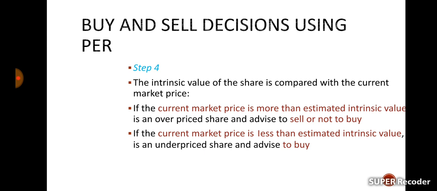So it is advised to sell the share, not to buy it, because buying a security at a high price is not good, while we can sell our security at a high price.